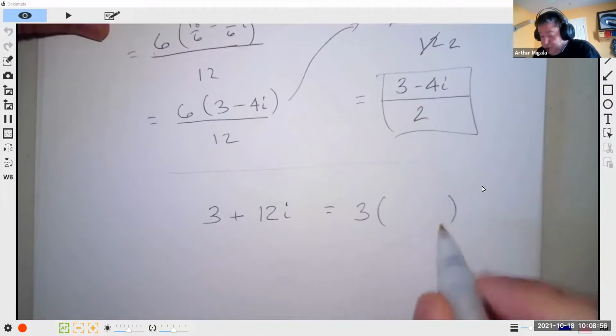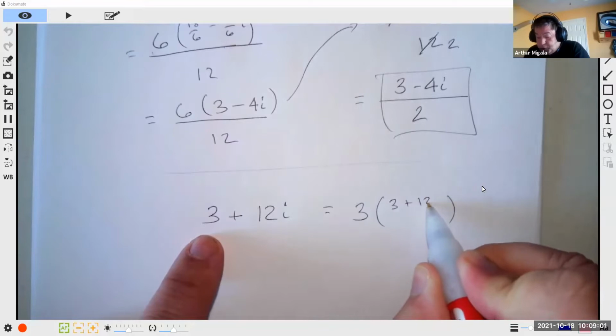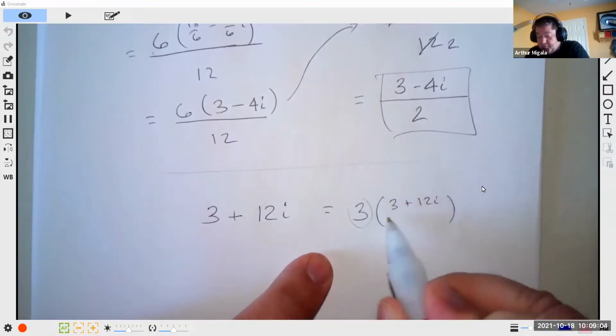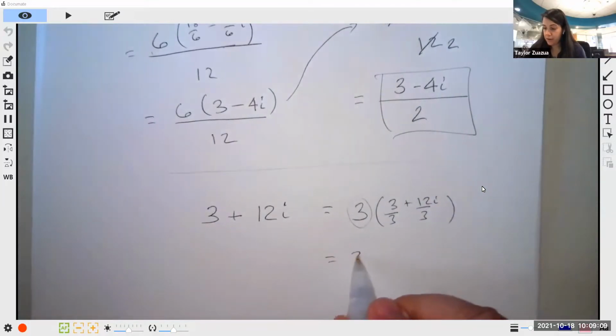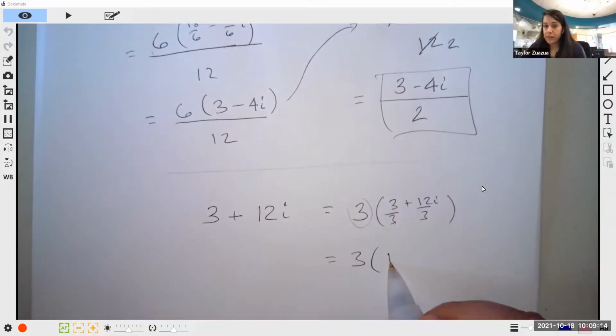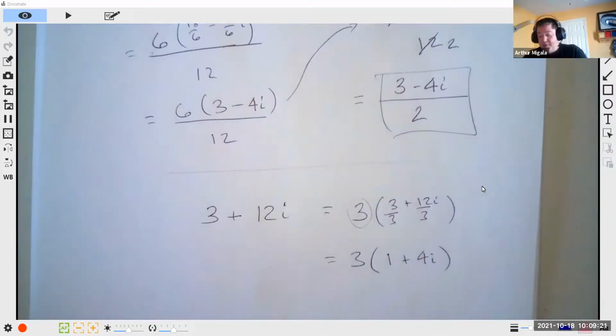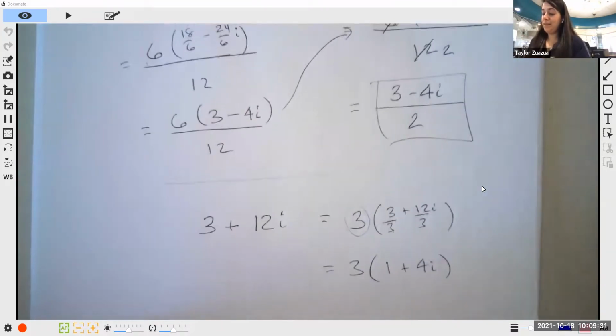So now whatever goes inside the parentheses, you take those two numbers, 3 and 12i, and divide them by what you factored out, 3. 3 goes into 3 how many times? 1. 12 divided by 3? 4. Yeah, 4i. That's how you figure out what goes inside the parentheses.